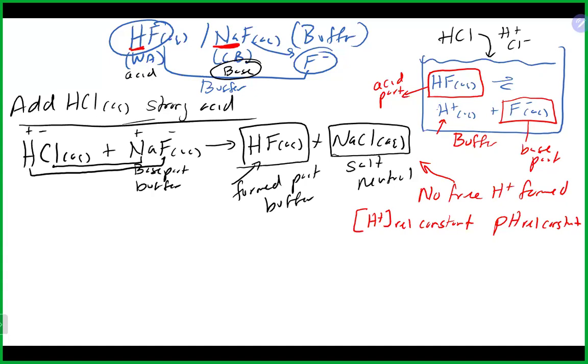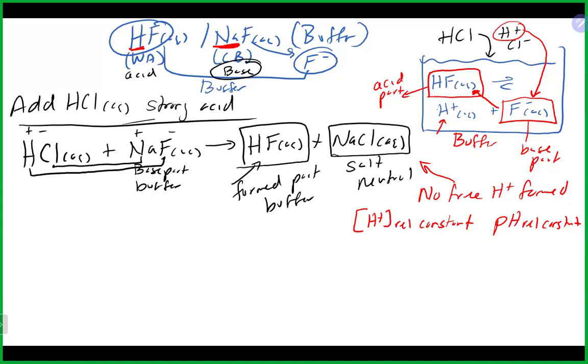What happens when this goes for a swim is this H plus ion goes and finds the fluoride, and then it makes some HF. The result is we don't get any of that free H plus in the solution. It keeps the H plus concentration relatively maintained, and we see just a mild drop in the pH, not a gigantic swing in pH. Any questions on that there?